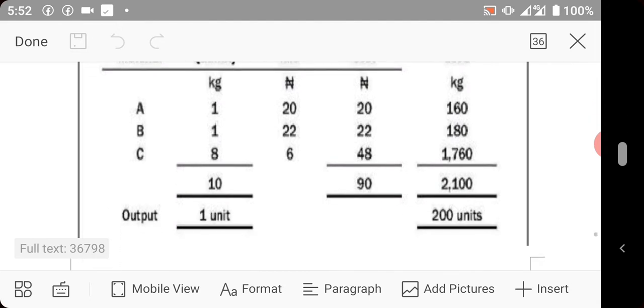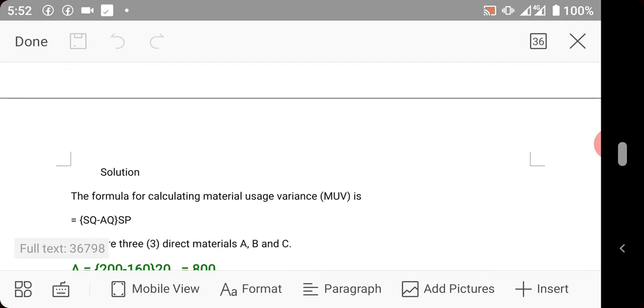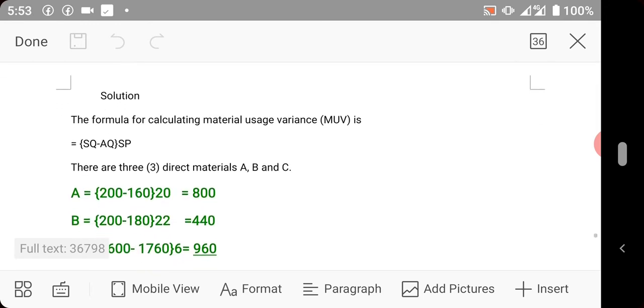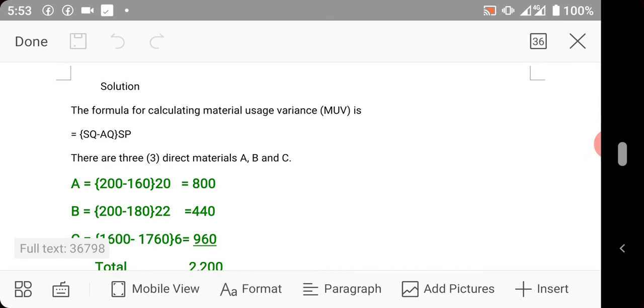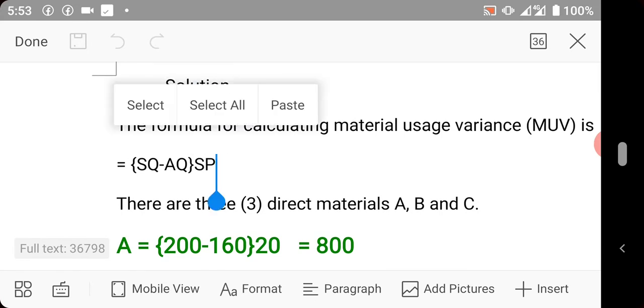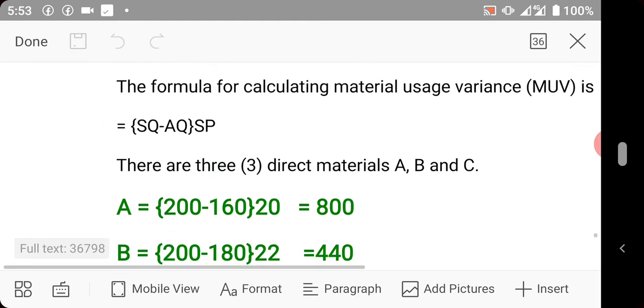So we'll continue. Now, to get the usage variance, look at the formula: standard quantity minus actual quantity times standard price.